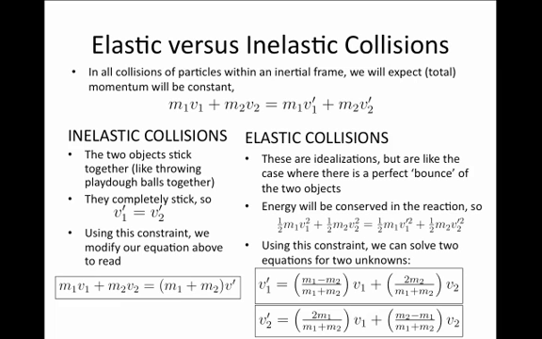Another extreme case that we can solve is, again, something of an idealization because nothing in nature is perfect, but one in which the two objects are elastic and they literally bounce off of one another.